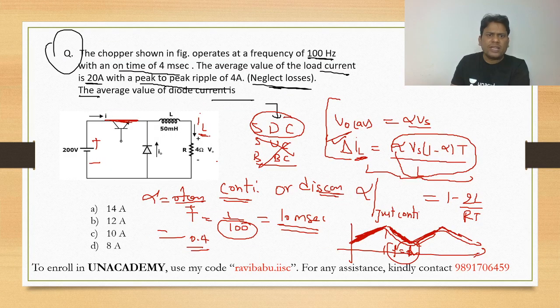So the I naught average is 20 ampere, and he is asking the average value of diode current. What will be the conduction period of this diode?